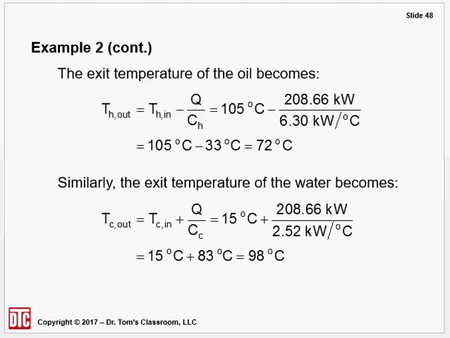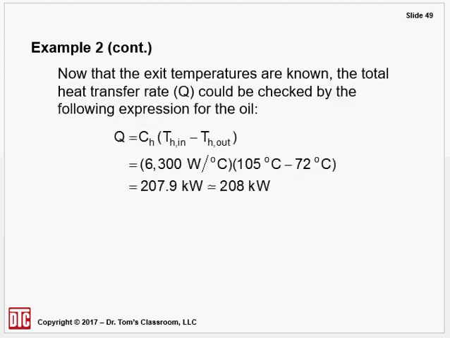Now, one of the things that just occurred to me is that we could also calculate the Q now that we do know these temperatures, to verify that everything works out. The old m dot delta H, or m dot CP delta T. Let's look at both of these and see if we come out.